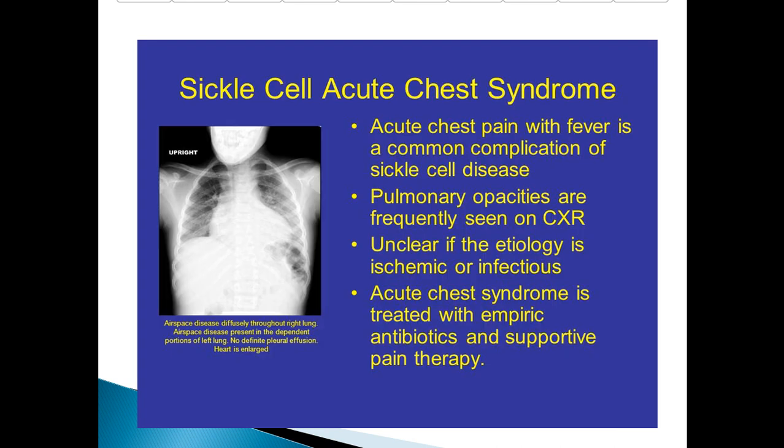Sickle cell acute chest syndrome: acute chest pain with fever is a common complication of sickle cell disease. Pulmonary opacities are frequently seen on chest X-ray, while empirical antibiotics and supportive pain therapy are the treatment options for acute chest syndrome in sickle cell disease.